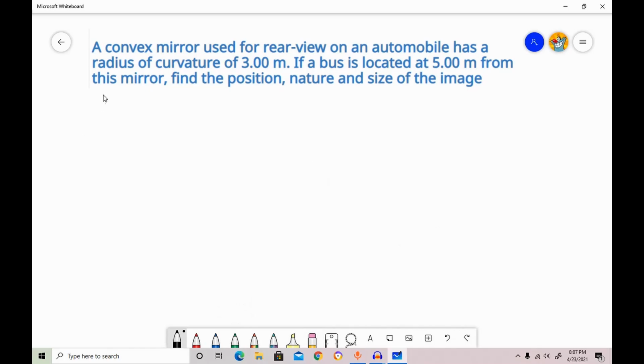So first, what is the data given? Write R equals 3 meter, object distance u equals minus 5 meter. You have to find the image distance.